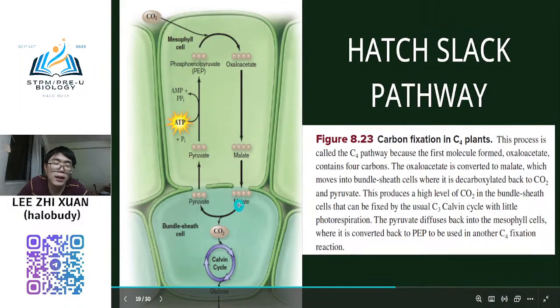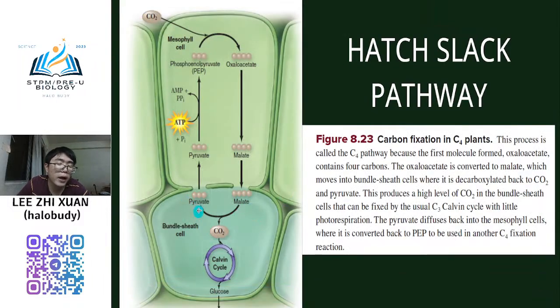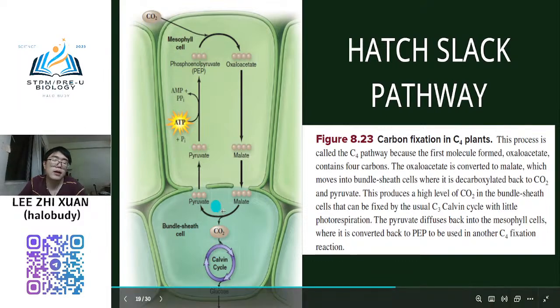After that, this malate will be oxidized to form pyruvate and release one carbon dioxide molecule. So actually, this one is what we call oxidative decarboxylation. We call it oxidize and then release carbon dioxide. And then this carbon dioxide later will be fixed again into the carbon cycle.